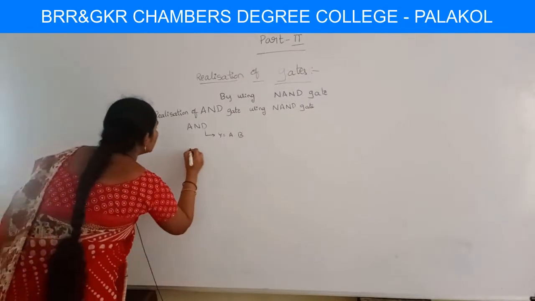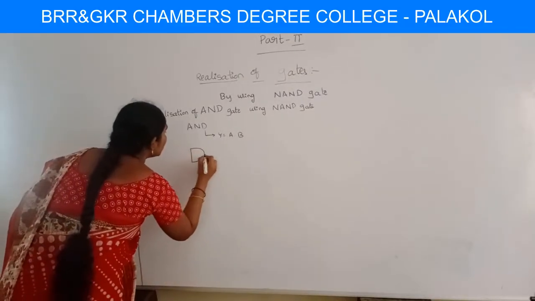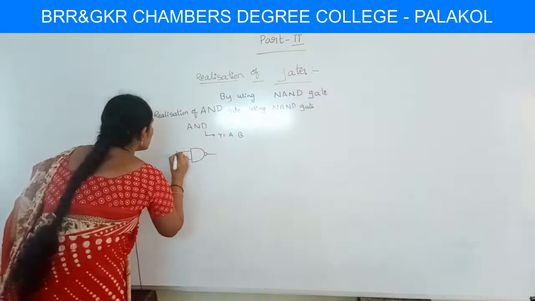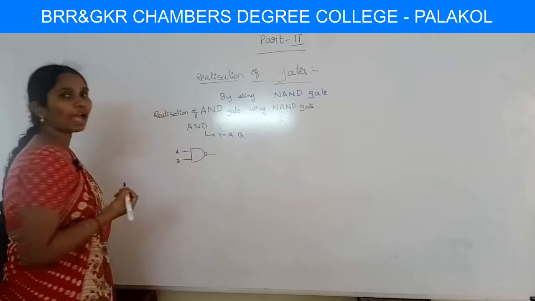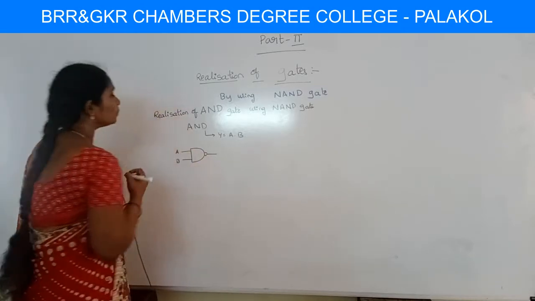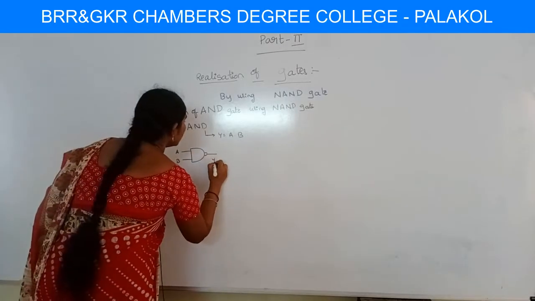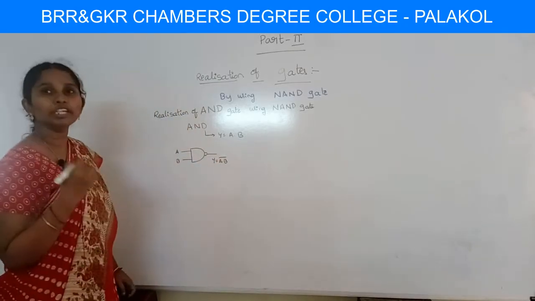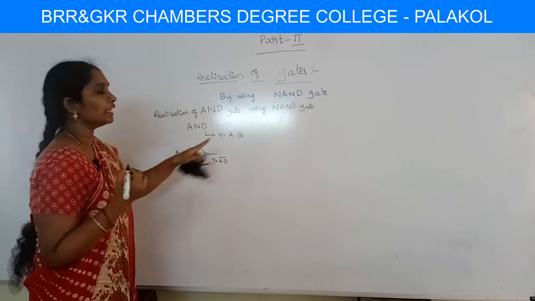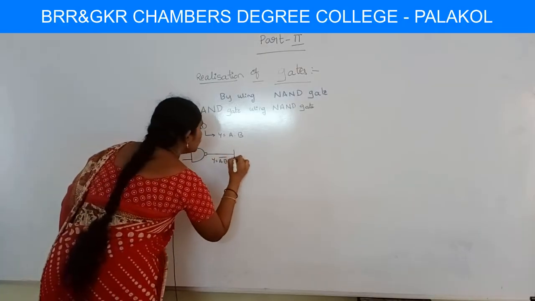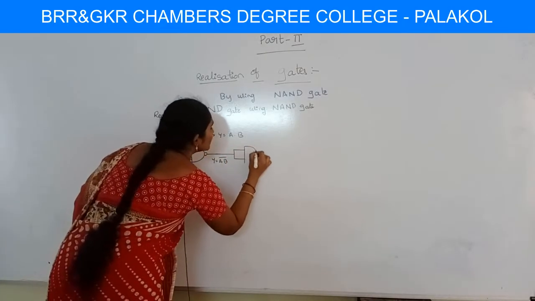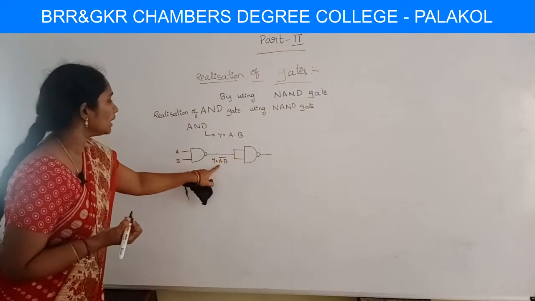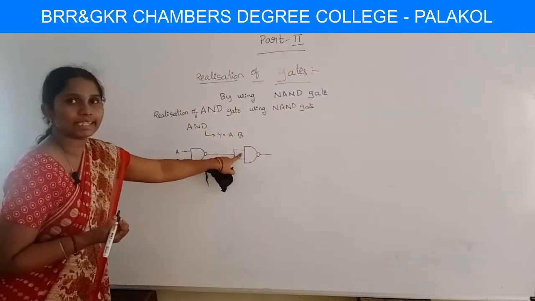I will consider a NAND gate. The NAND gate has two inputs, A and B. The output of this NAND gate is (A dot B) bar, but we need only A dot B. For this, I use another NAND gate and apply (A dot B) bar to this gate.